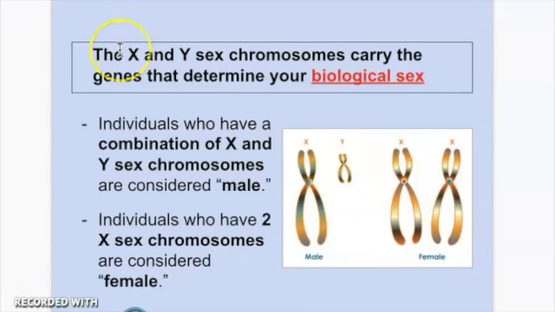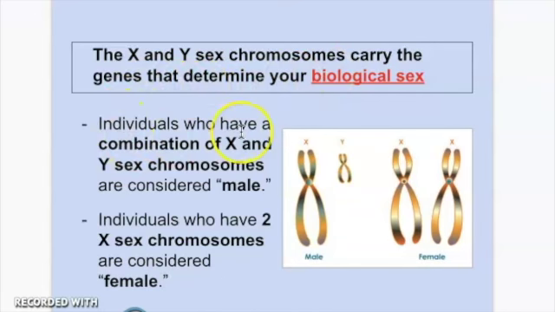Now the X and Y sex chromosomes, they carry genes that will determine your biological sex. So I want to again reiterate that we're talking about biological sex and not gender. Okay, identified gender is very different than biological sex.